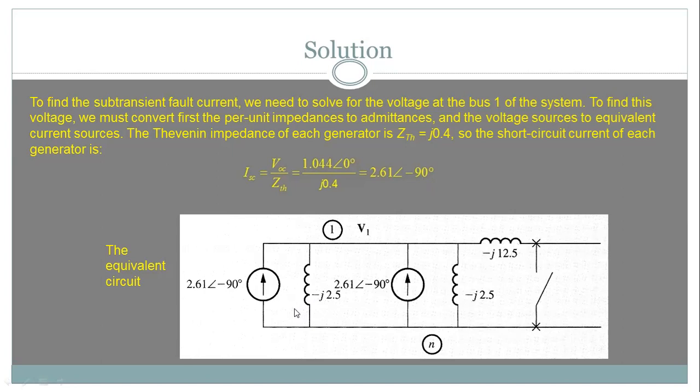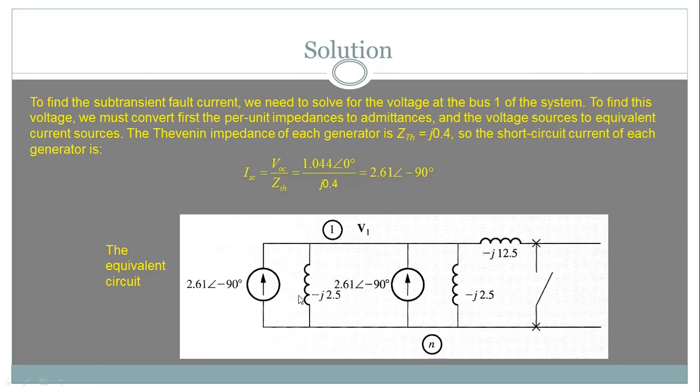And here if we invert the series reactance, that is 1 by j0.4, we get minus j2.5. This is the parallel admittance. And this is the admittance of the transformer. If we invert the transformer reactance, we can find this admittance.